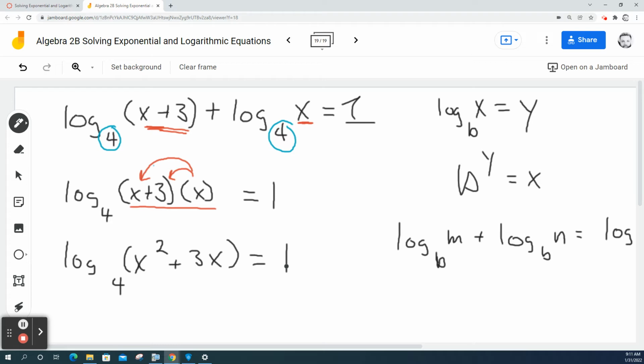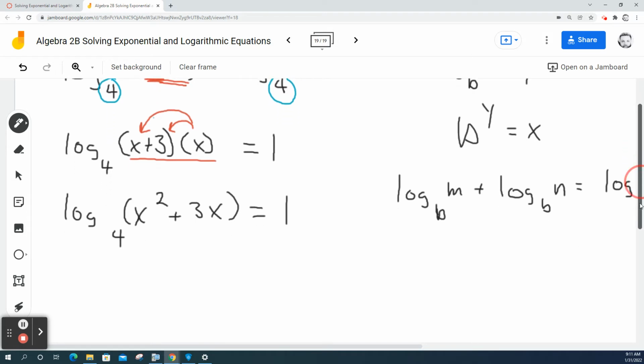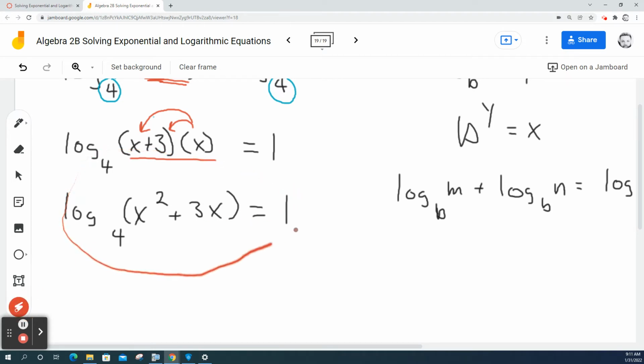Okay. You guys with me so far? Okay. So now the next thing that I need to do is make it look like this. So my base then is 4. Well, let's label it. I think that helps too. So my base is 4.